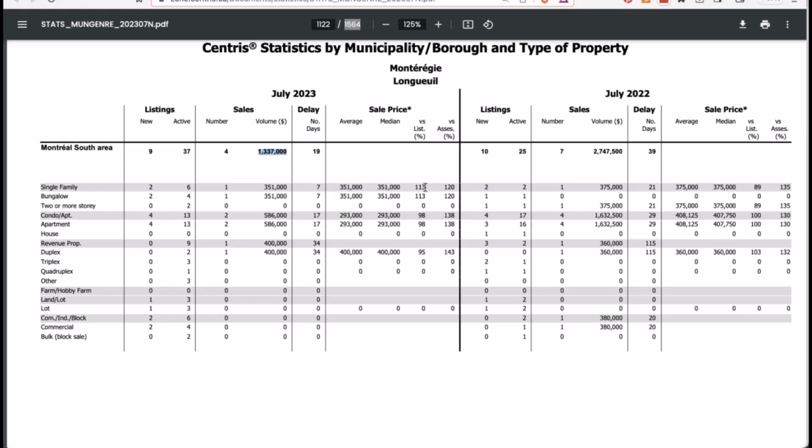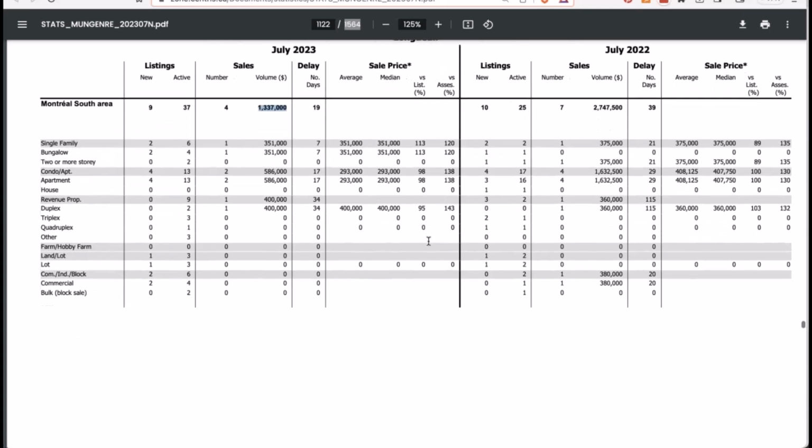They're selling at 113%, so 13% over asking price. 120% versus the municipal assessment, so 20% over. And as we're going down here, condos, they're being negotiated under asking price, and income properties under asking price, but they're also way over municipal assessment. So this can give you an idea that the municipal assessments here are probably pretty low. Okay, so I hope that answers your question.